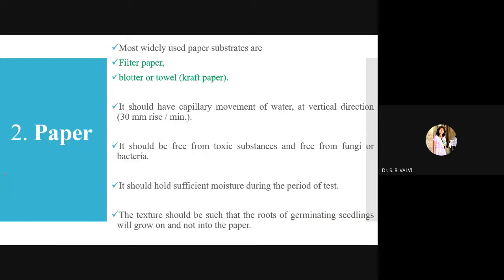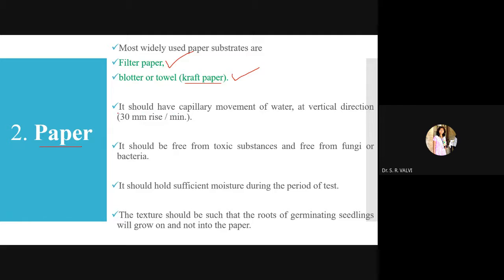Now the next part is paper. In the previous part we saw about sand. Now the second is paper. The most widely used papers are filter paper and blotter or towel. It is also called craft paper. Any one of the papers you have to take for germination, either filter paper or, if available, blotter or towel paper.